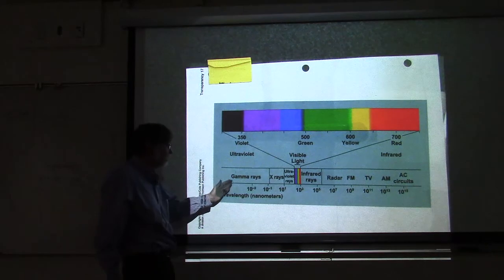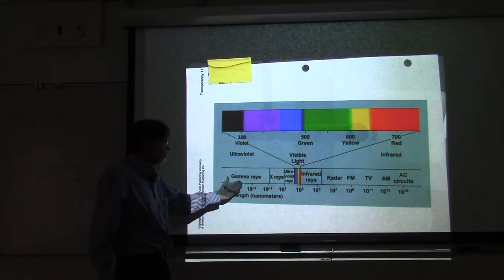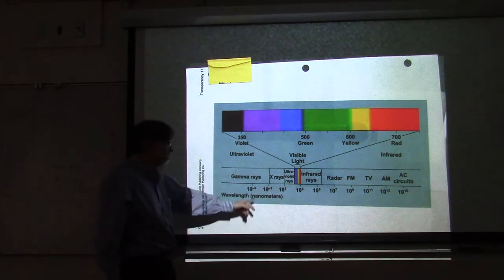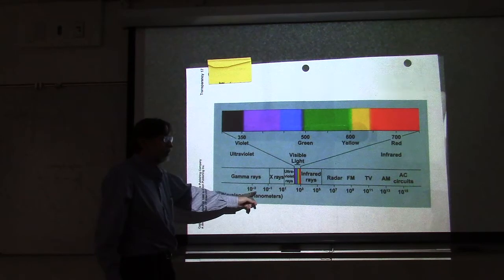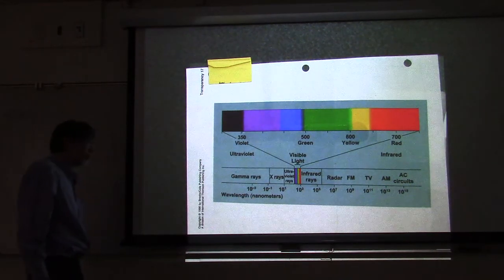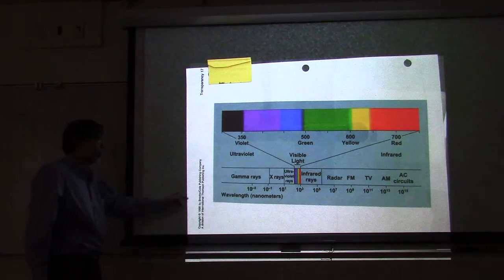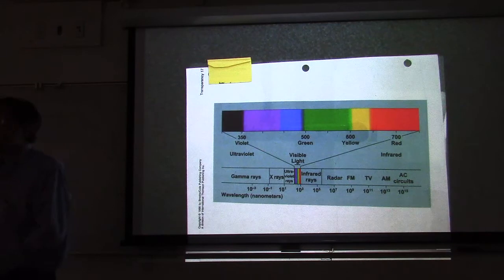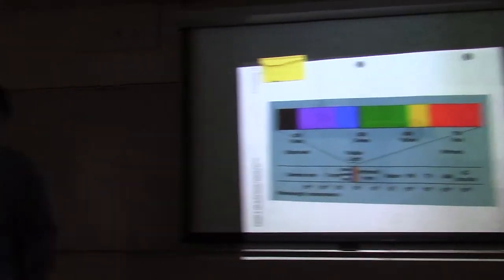Way down here we've got gamma rays and high energy rays whose wavelength in nanometers, that's already 10 to the minus 9. So 10 to the minus 12 meters. We've got high energy rays that fortunately we're protected from by the ozone layer.